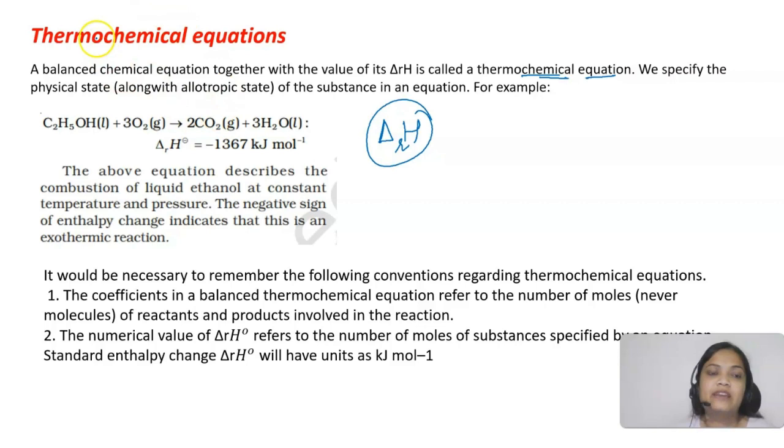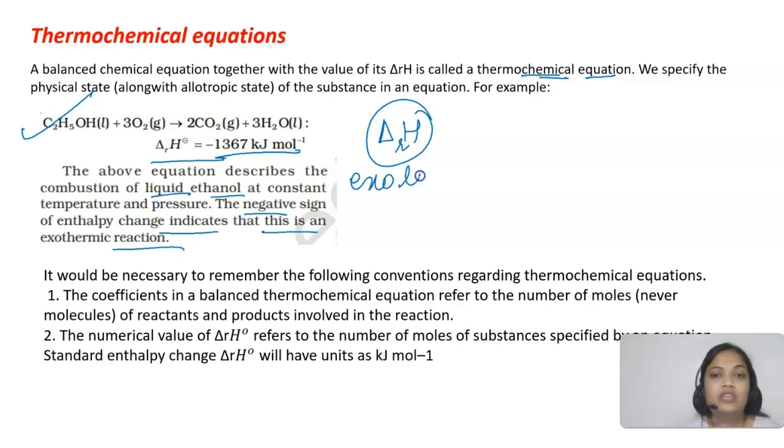Okay. Like for this, here I have mentioned the delta H for the reaction. It is describing the combustion of liquid ethanol and negative sign indicates that it's an exothermic reaction. So you need to remember that negative enthalpy means exothermic reaction and positive means endothermic reaction.